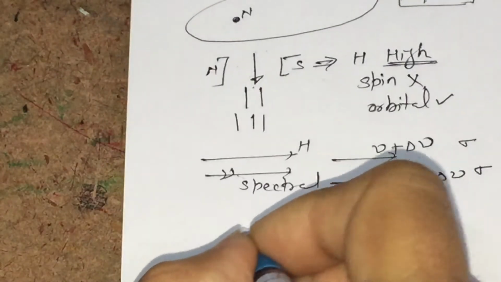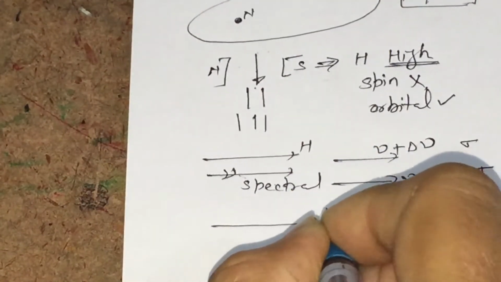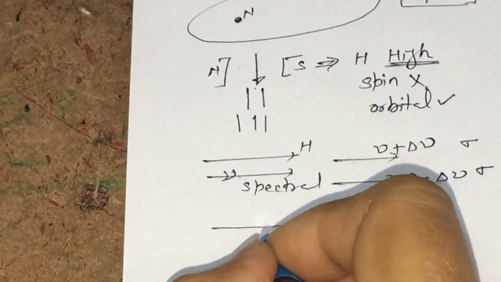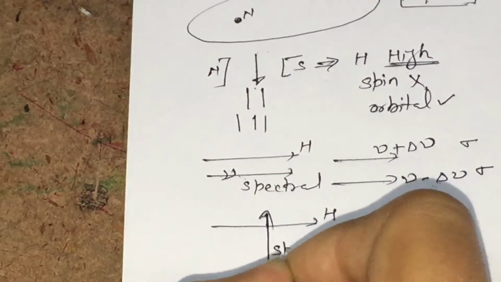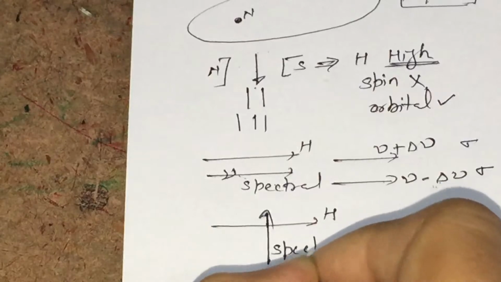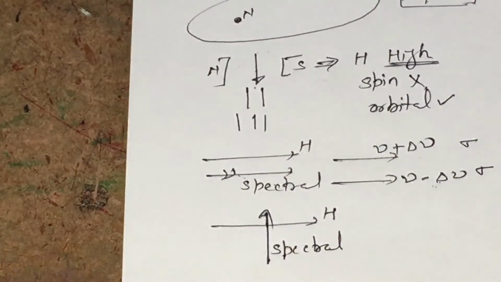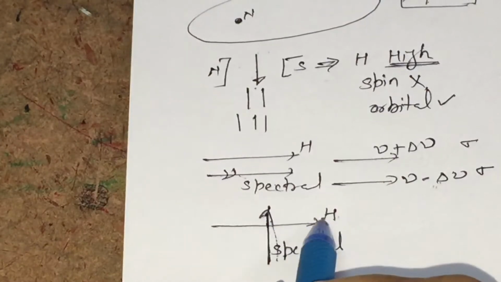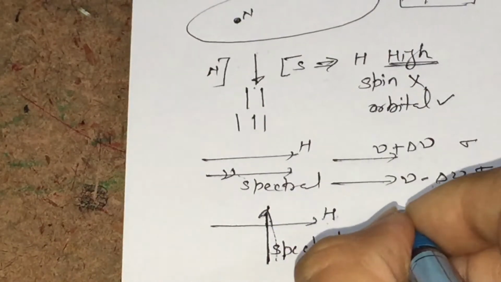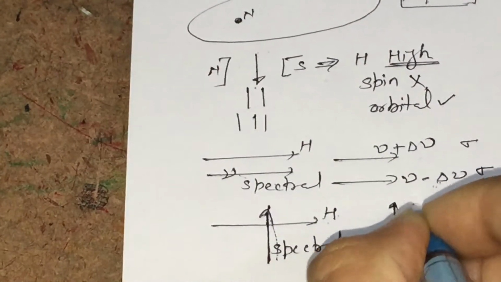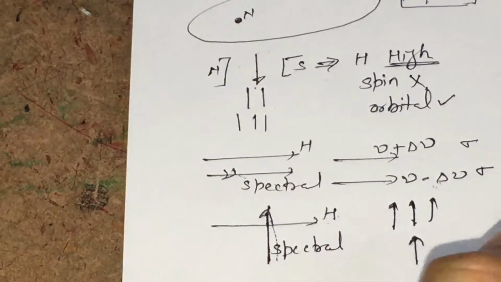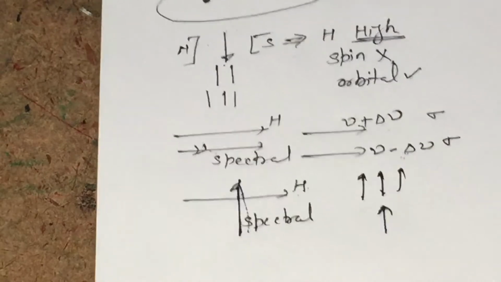But if the direction of the applied magnetic field and the direction of the spectral line are perpendicular to each other, then after passing through this perpendicular magnetic field, it is found that the spectral line is split into three components.